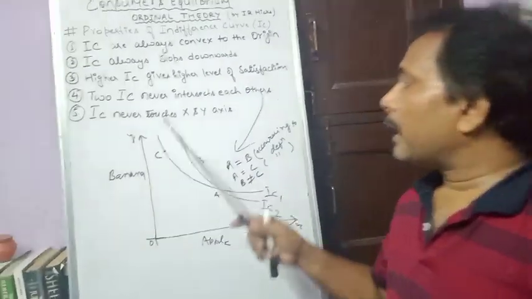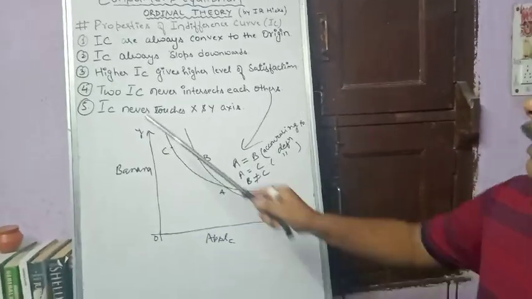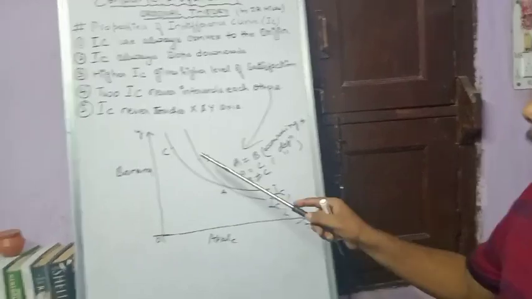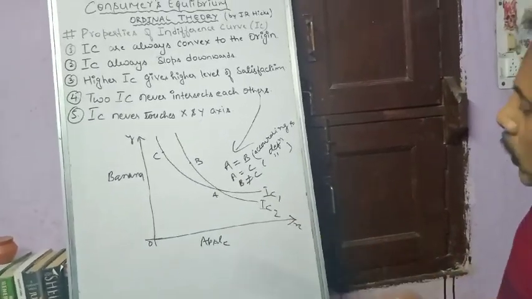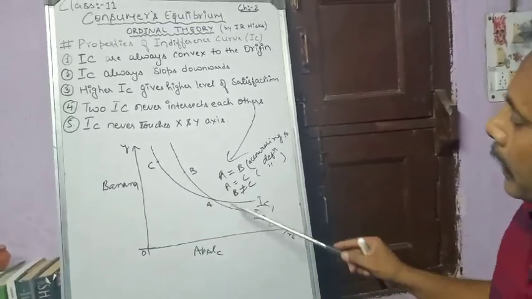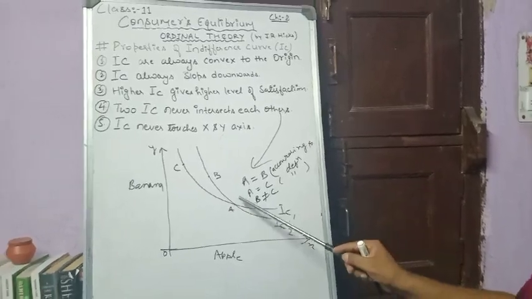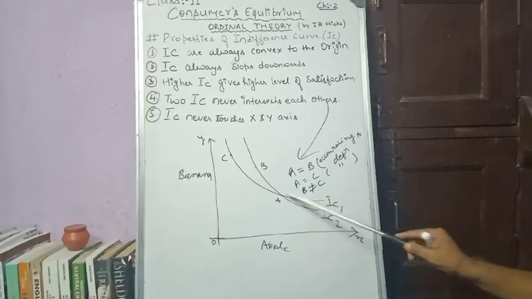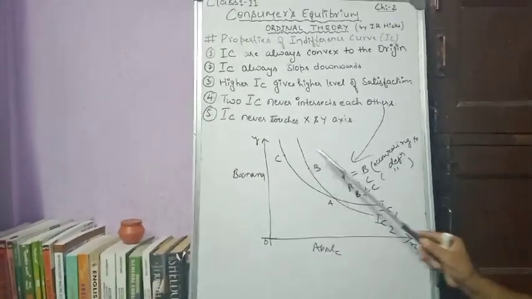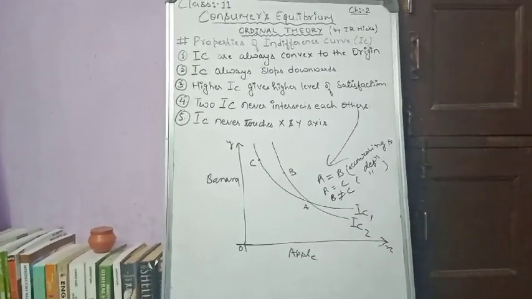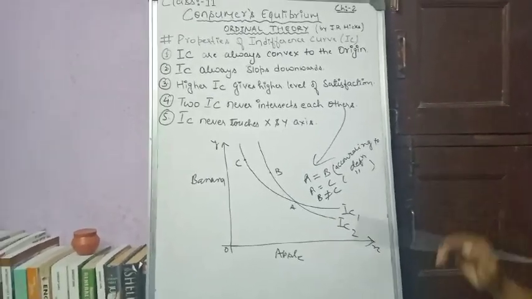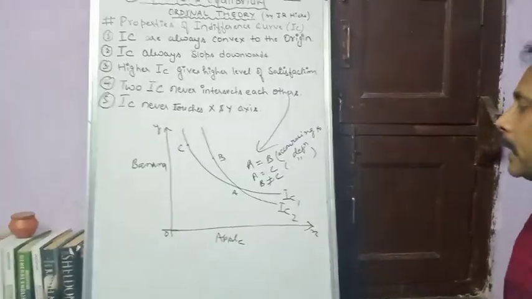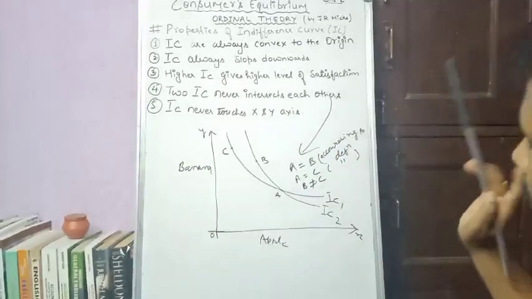Once again, two ICs never intersect each other. There are two ICs, IC1 and IC2. In this diagram, A is the point which lies on both IC1 and IC2 because they intersect each other. B and C are two other points. So according to the definition, any point which lies on an IC gives an equal level of satisfaction if the IC is single.